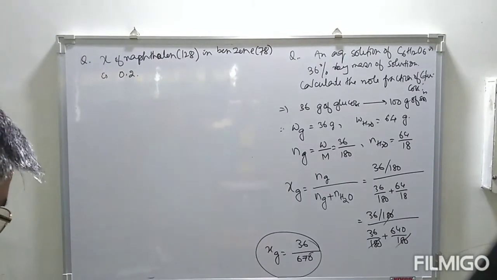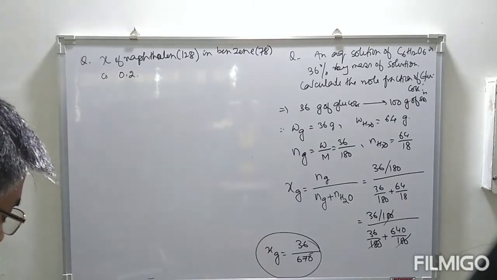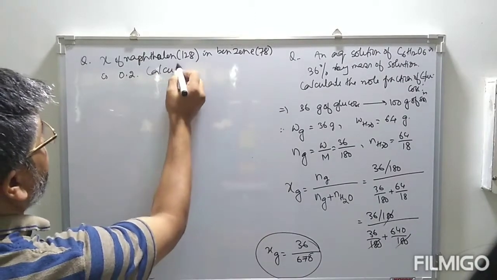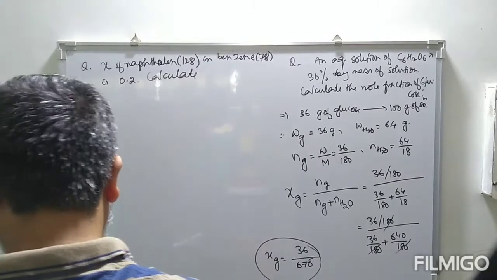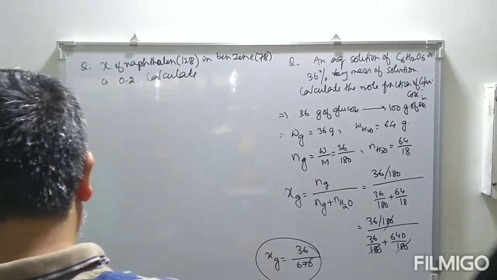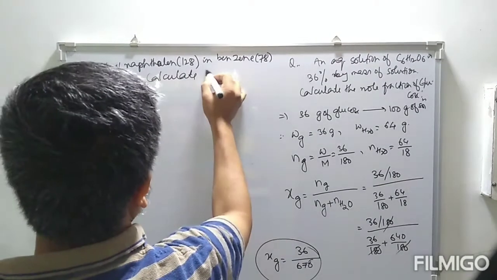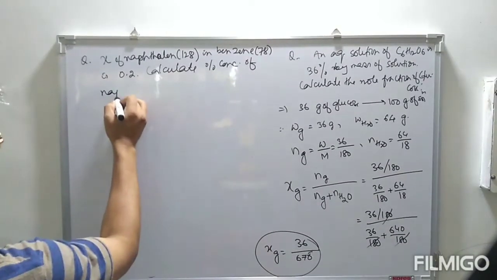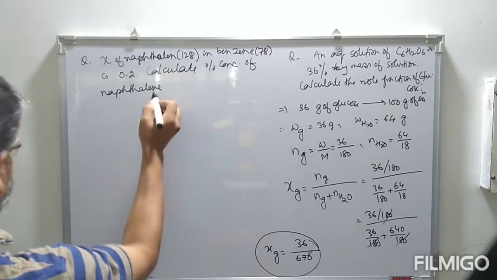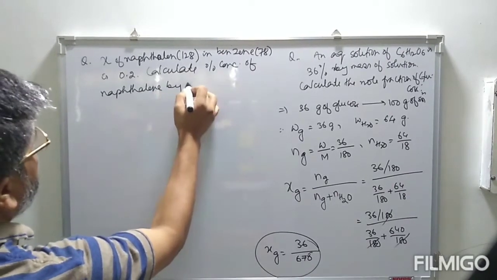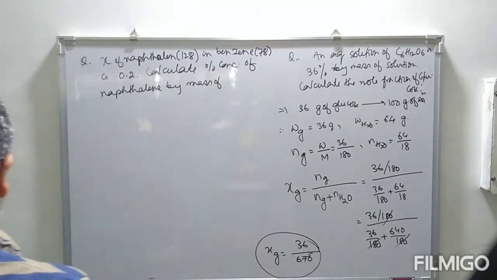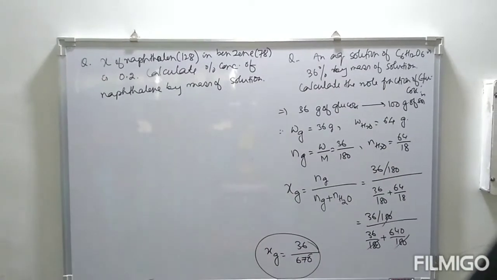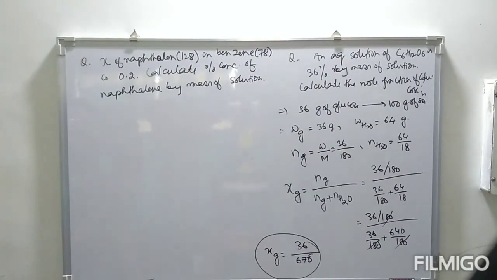Question says, calculate percentage concentration of naphthalene by mass of solution. Percentage by mass of solution.